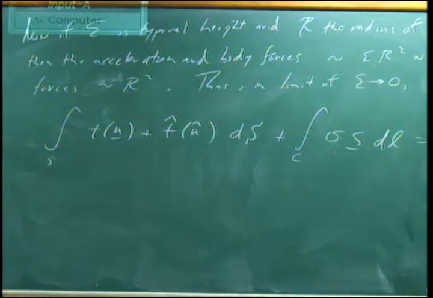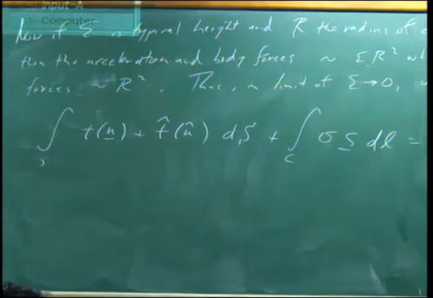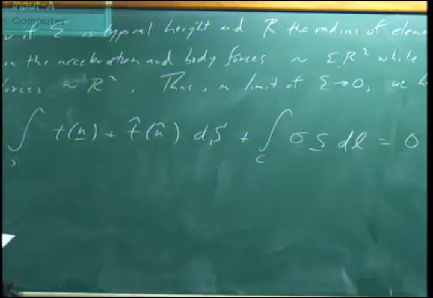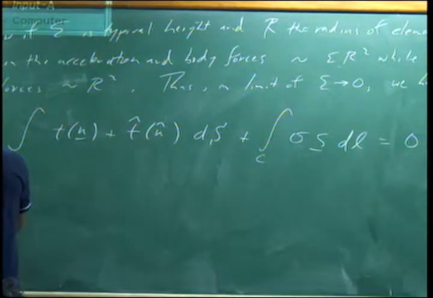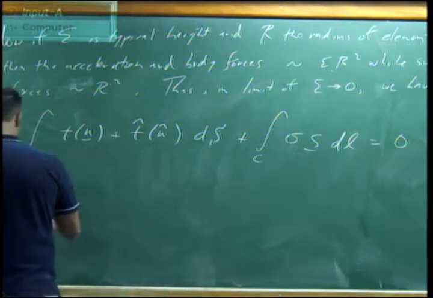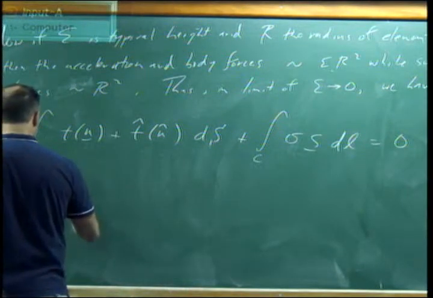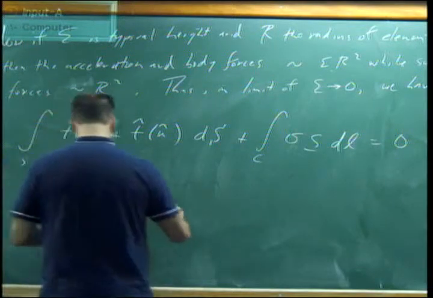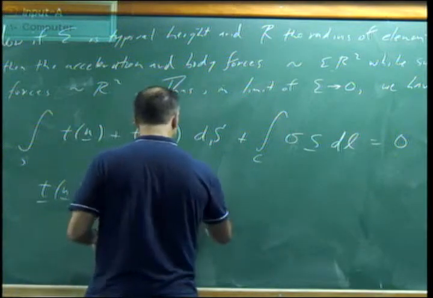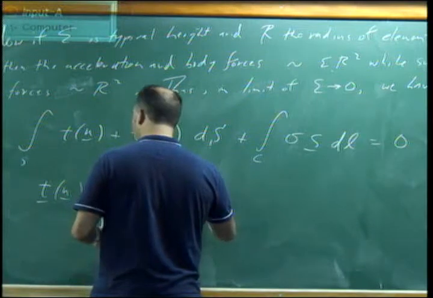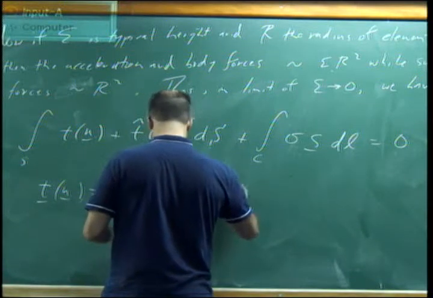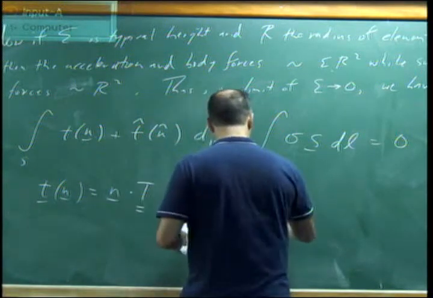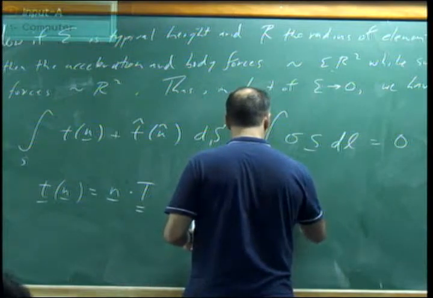Okay, and we know how to express these stress vectors in terms of the stress tensors in the fluid domains. We've just developed this. So we have n dot T, whereas T_n equals n hat dot T hat.